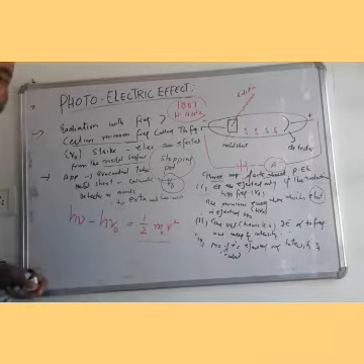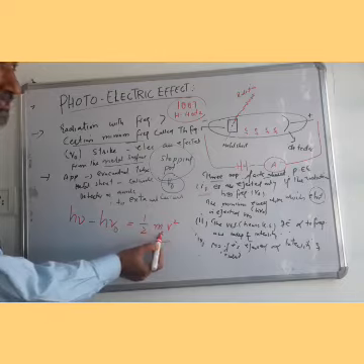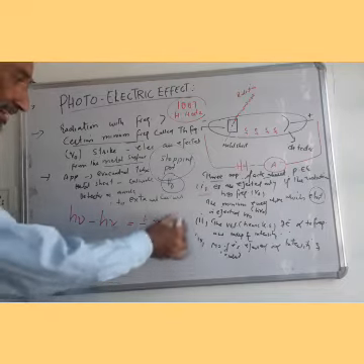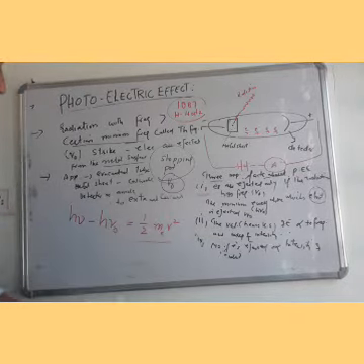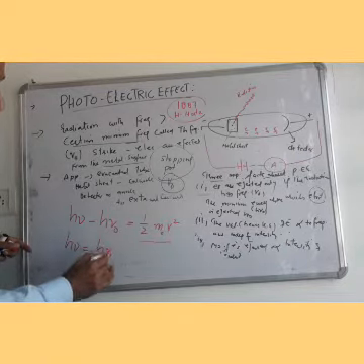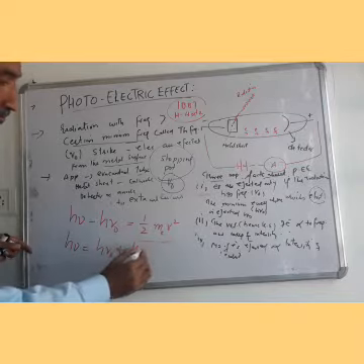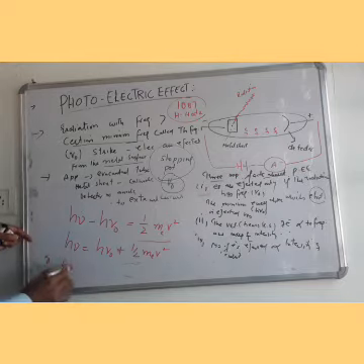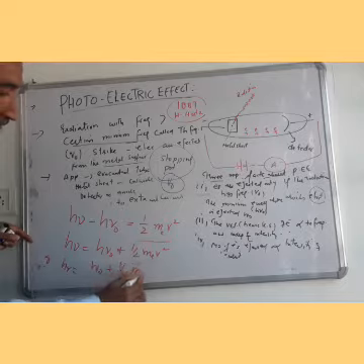So this is the kinetic energy of the photoelectron, where m_e is the mass of the photoelectron and v is the velocity of the photoelectron. So we can write h nu is equal to h nu 0 plus 1 by 2 m_e v square, or h nu is equal to W0 plus 1 by 2 m_e v square.